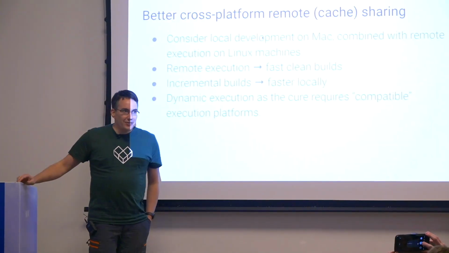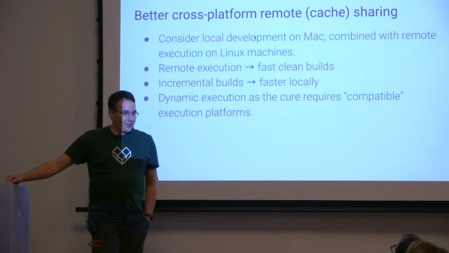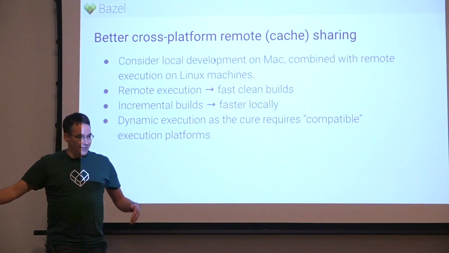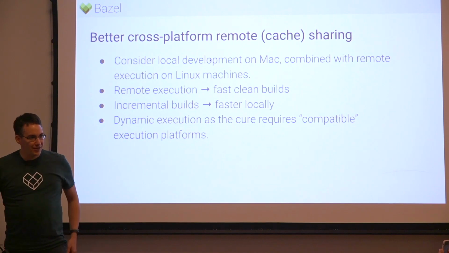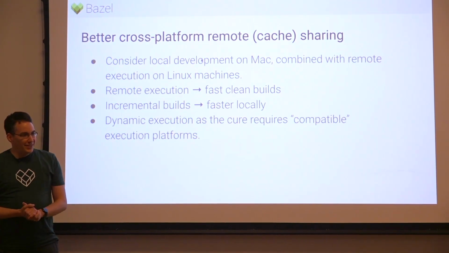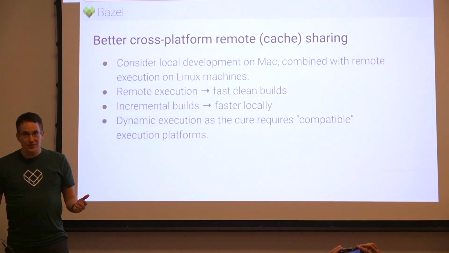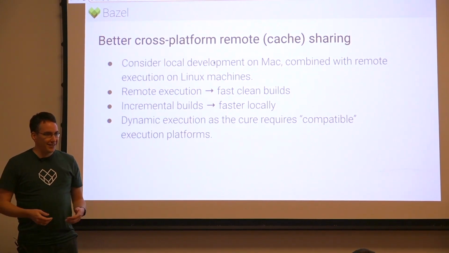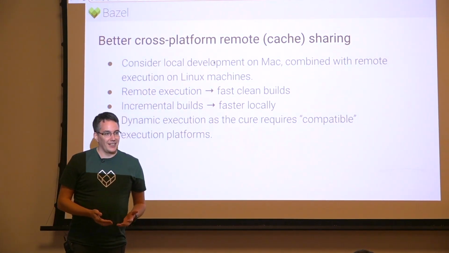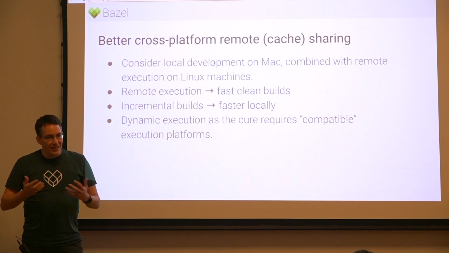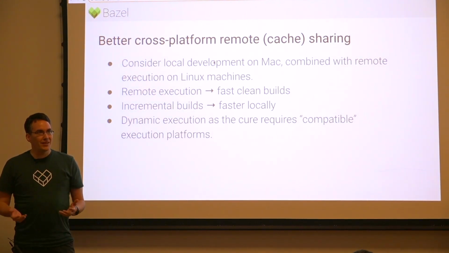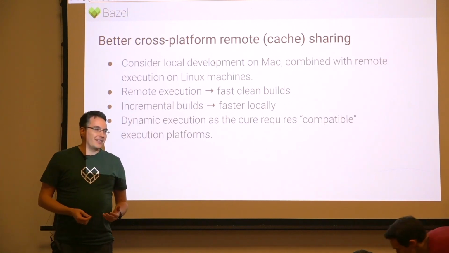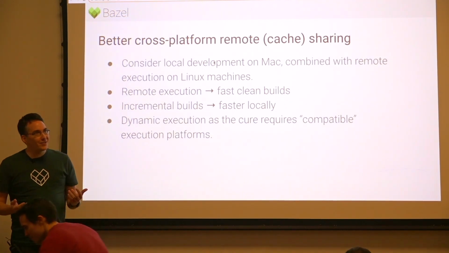So you might use remote execution today where you have a Linux machine locally and you have Linux RBE remotely, and that works fine. But then you have developers who love their Macs and they develop locally on their Macs, and that doesn't fit with Linux remotely. For clean builds, remote execution helps a lot.